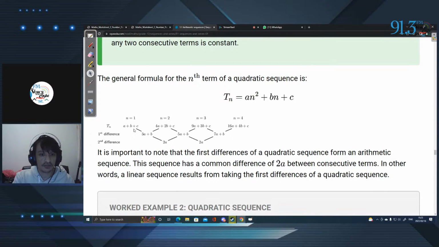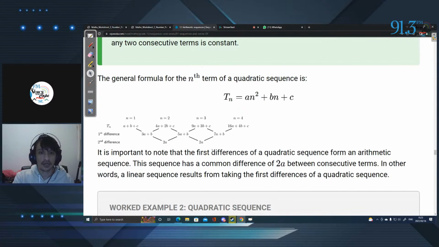Then they show us here that the first difference is 3a plus b. And you can work that out by just subtracting a plus b plus c from 4a plus 2b plus c, and that will give us 3a plus b. The same for these first differences over here. And then we'll find that the second difference is common. It's consistent. It's the same second difference for each one, for a quadratic sequence, and it'll just be 2a.